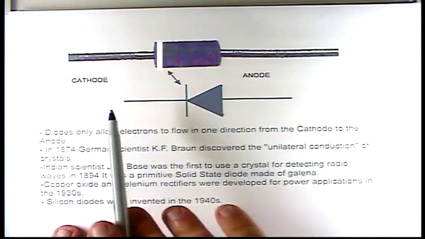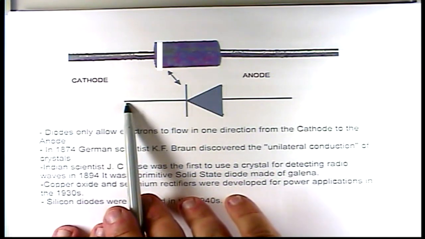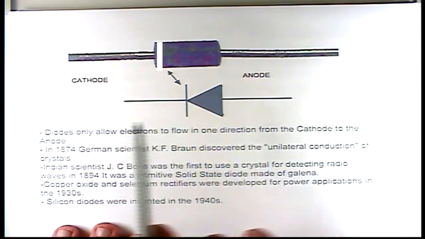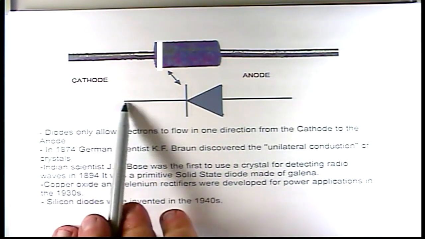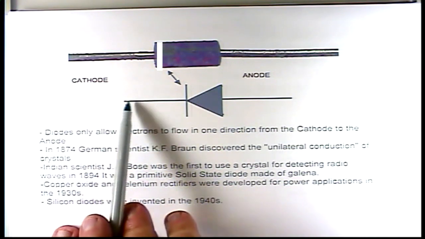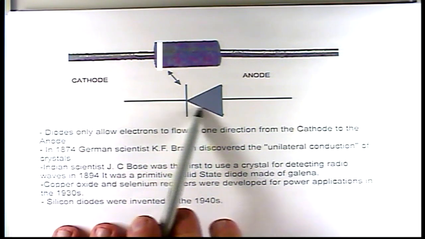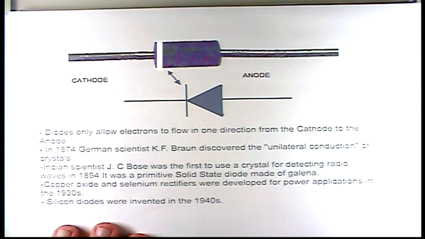The current's only going to flow this direction. It flows from the cathode to the anode. So when the current flows this way, it's causing a vacuum over here, making this positive if you're making a power supply, because electrons are being pulled in this direction. Diodes only allow electrons to flow in one direction, from the cathode to the anode.